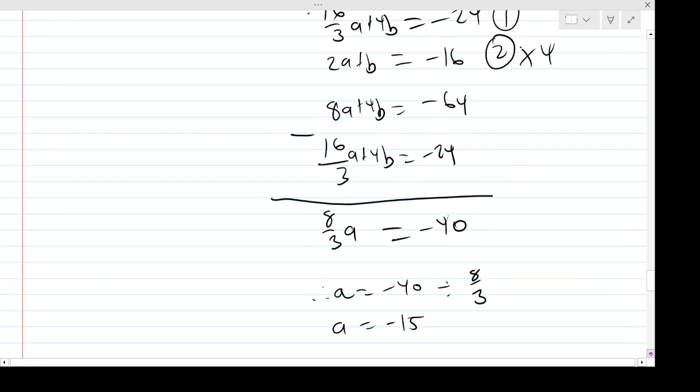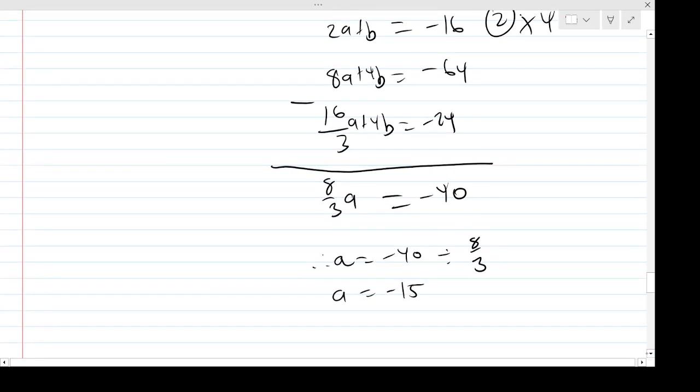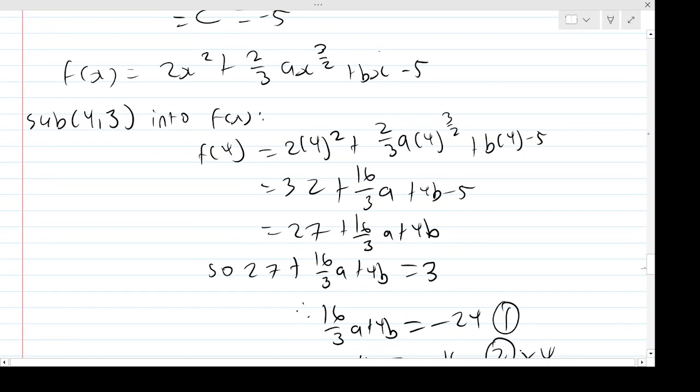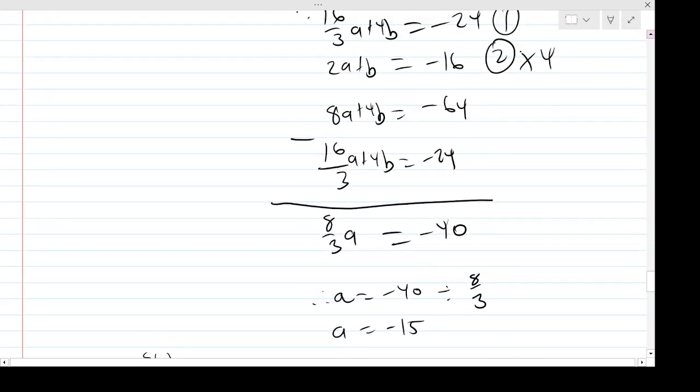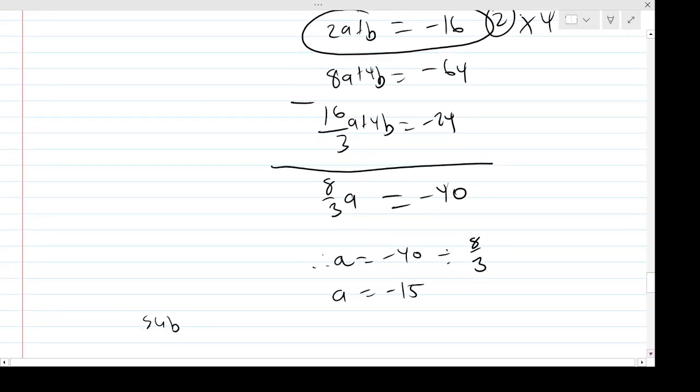Great. So now I've found a, I could substitute a into either equation in my simultaneous equations. Let's substitute it into the second one here, that's nicer. So that means 2a, that's going to be 2 lots of minus 15, add b equals minus 16.